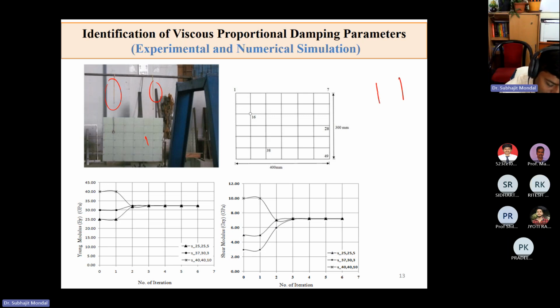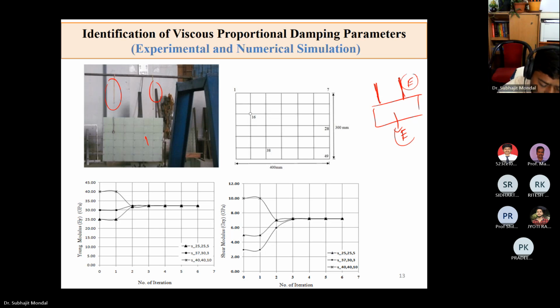Now again you may say, sir, this is not really free. But you will observe that if you compare the stiffness of this plate structure and the stiffness of the rubber, there is a huge difference. So this elastic band will not affect your response in a greater way.